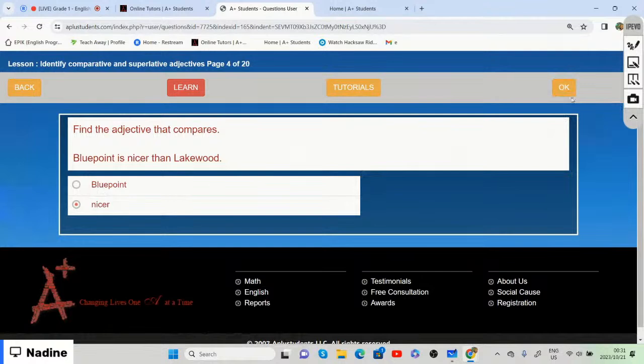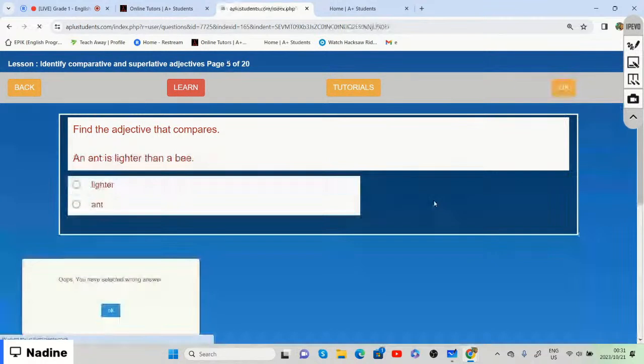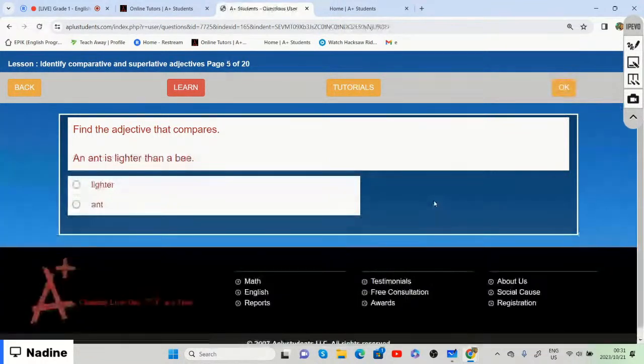So nicer is our adjective that compares. Well done. An ant is lighter than a bee.